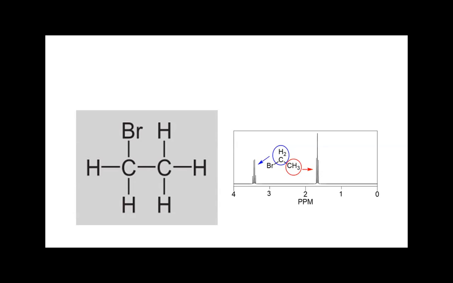So these 3 combinations of the spins of the hydrogens can affect the neighbors. That's why we are getting triplets. There is no singlet here, because all these hydrogens have neighbors, right? These hydrogens have 2 neighbors and these hydrogens have 3 neighbors. So there is no singlet here.